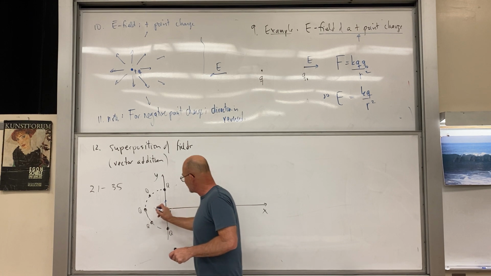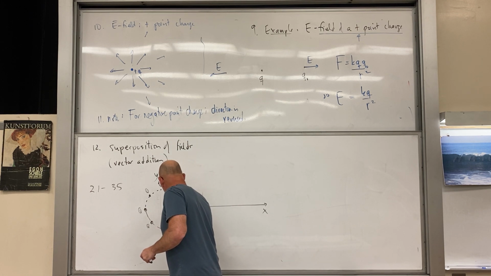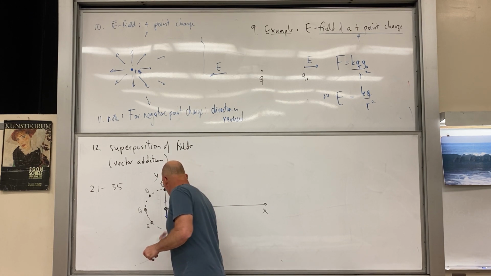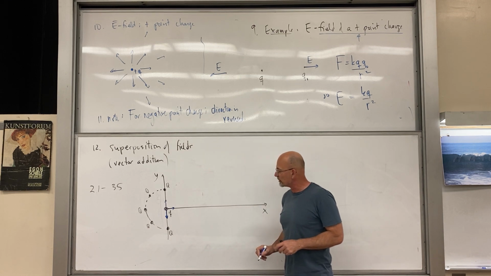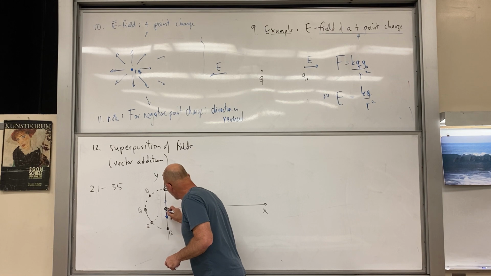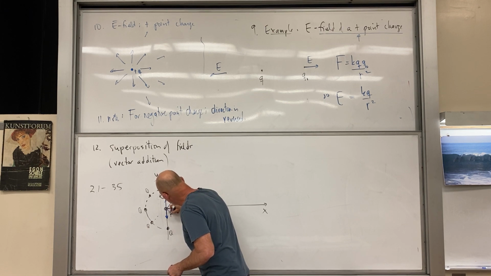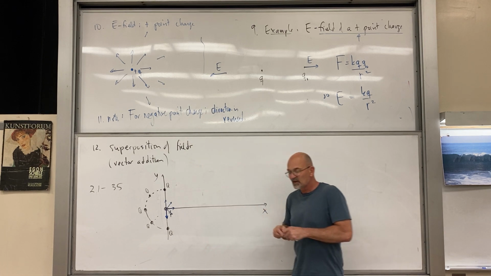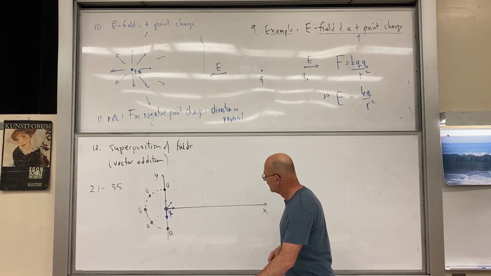Okay. Now, from this one here, notice it's the same length, so we have that to the right, and these here, you have to use a little geometry, they're going to be the same length, like that, those two.